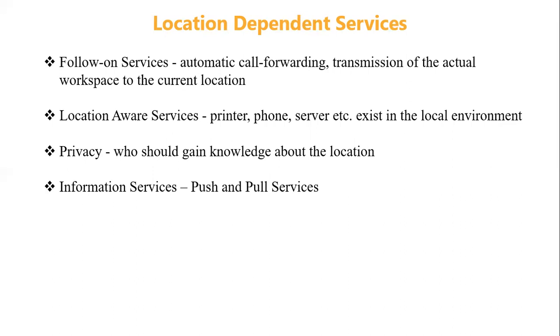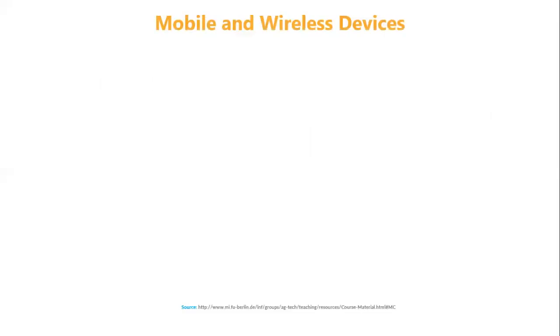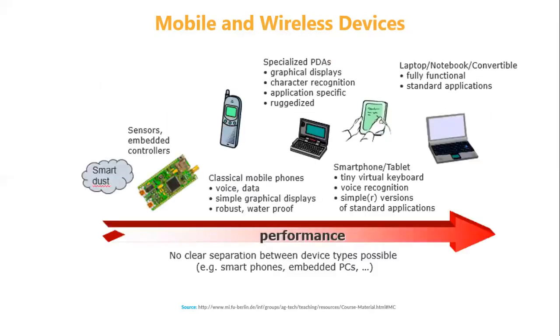So that's it about location dependent services. Next we'll discuss the various mobile and wireless devices that are used. This list is not exhaustive, and the list will keep on changing, because of the fast pace at which the technology is growing, and there is no clear separation between these devices.